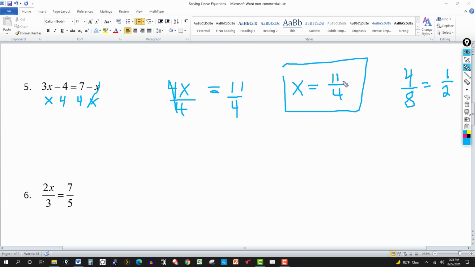So if your teacher wants it as a mixed number, divide the 4 into the 11. That goes twice. And then we have, what, 3 left over? So you can write your answer, instead of 11 over 4, you can write it as 2 3/4.